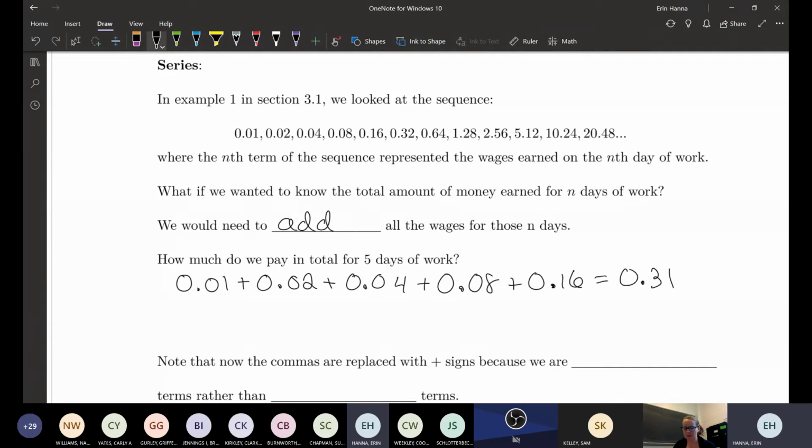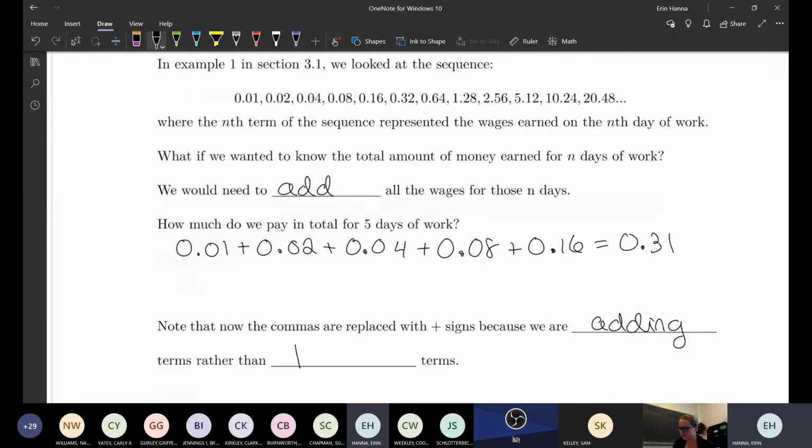Obviously you could continue doing this for however many values you wanted. Compared to the sequences we just looked at, it's similar, except now our commas are plus signs because we're adding the terms instead of just listing them.